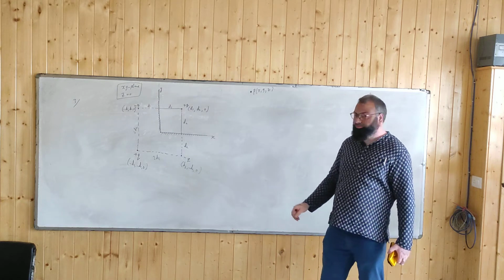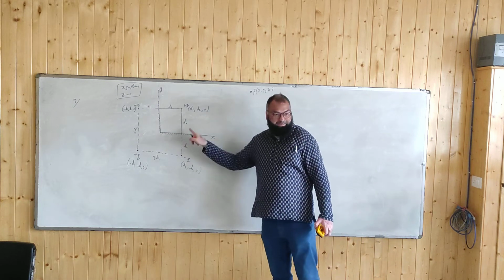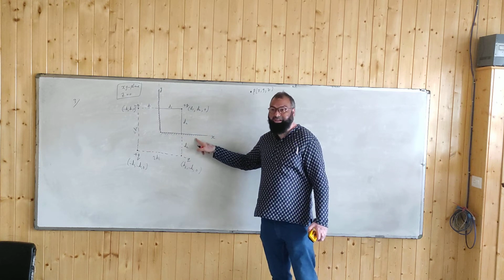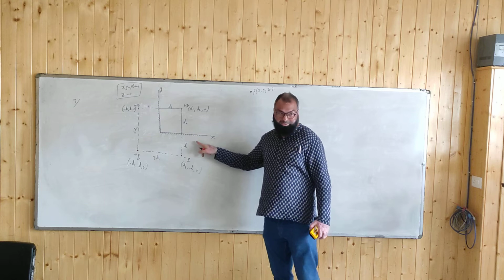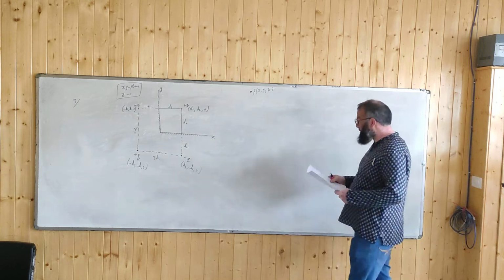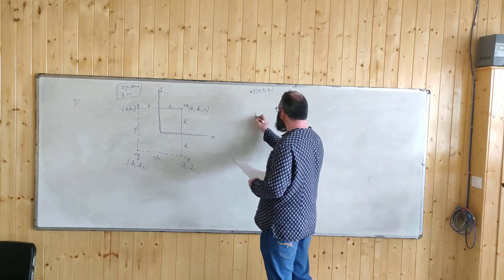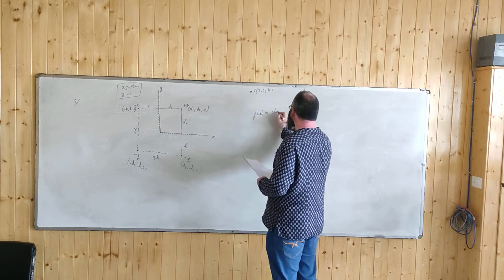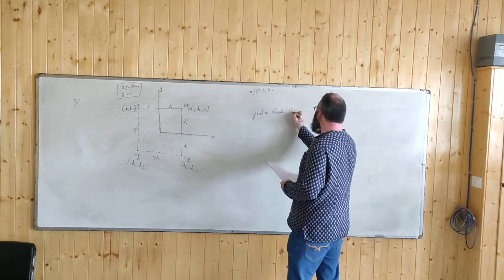Now let's calculate the potential on this very plane. If I calculate the potential on this plane, what should I get? 0. Is that true? So let's do it. Let's check the boundary condition.